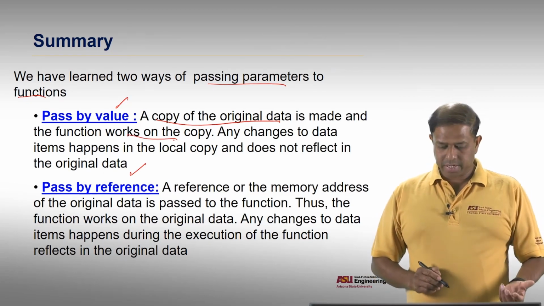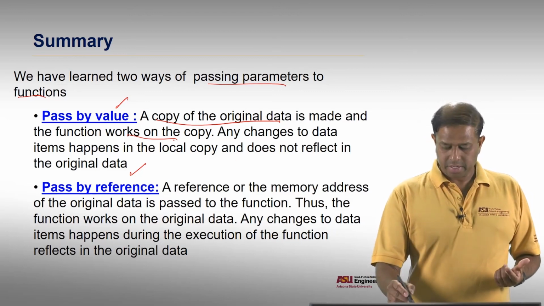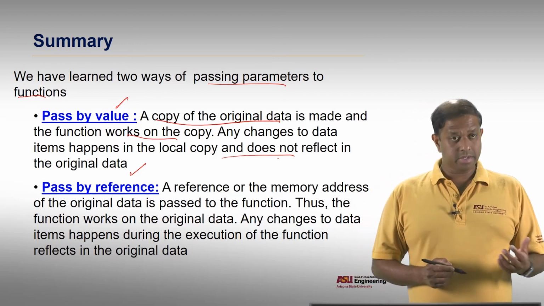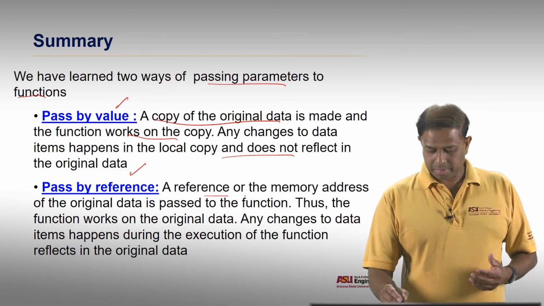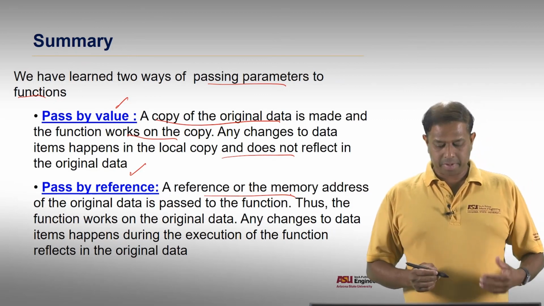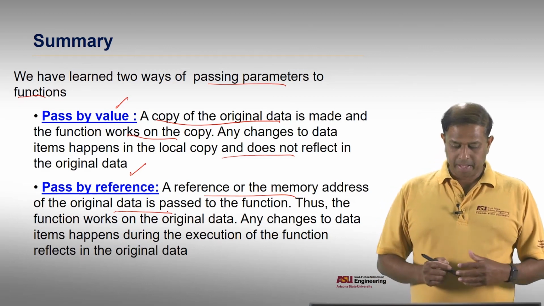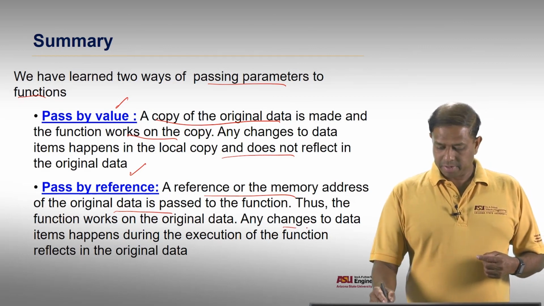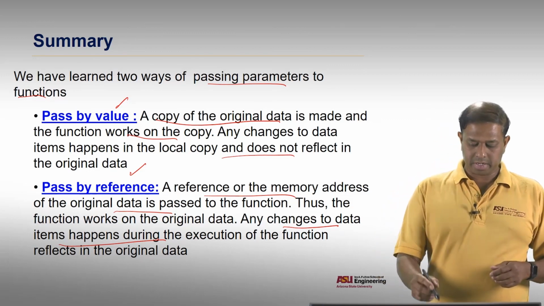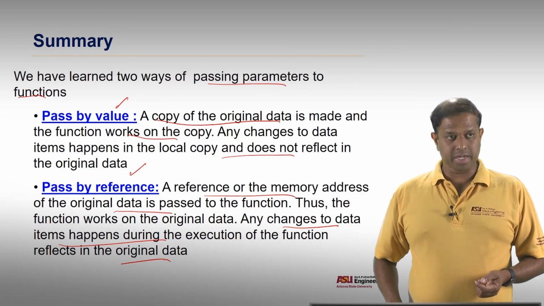Therefore, the changes that happen to the local copy inside the function do not reflect on the original data. On the other hand, references are memory addresses. So pass by reference means we are passing the original data location to the function. Then whatever changes we make inside the function happen in the original data, right? So that's the main difference between these two techniques, right?